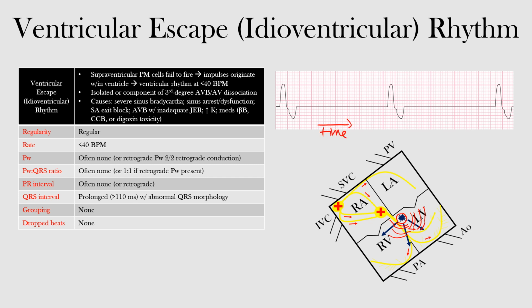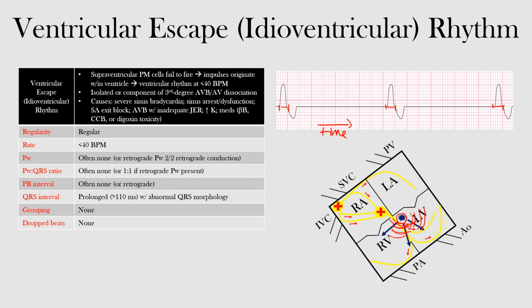So if we prolong things, things will start to look widened, and we see that here. Our QRS complexes are widened throughout, okay, beyond our normal 70 to 110 milliseconds. So prolonged QRS complexes, and we also said no P waves, okay? No identifiable P waves because we're not coming from the sinus node. It's all in the ventricles.